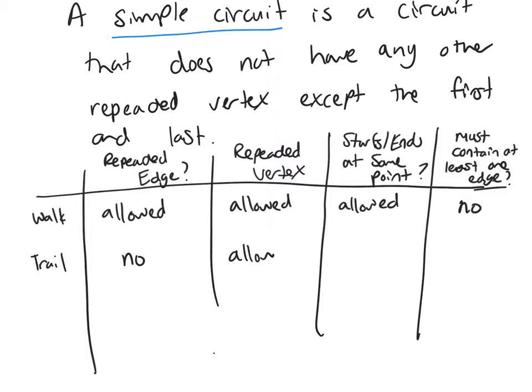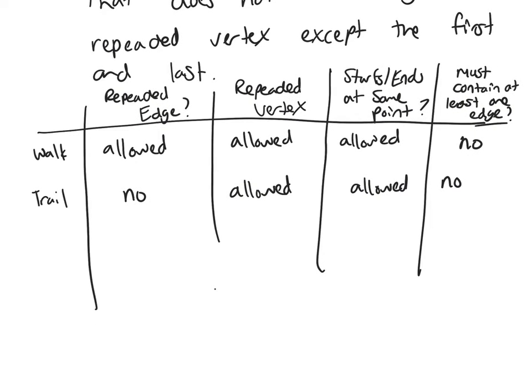It can have a repeated vertex, can start and end at the same place, and it's not required to have at least one edge. A path is not allowed to have a repeated edge, not allowed to have a repeated vertex. It can't start and end at the same spot, and it does not have to contain at least one edge.